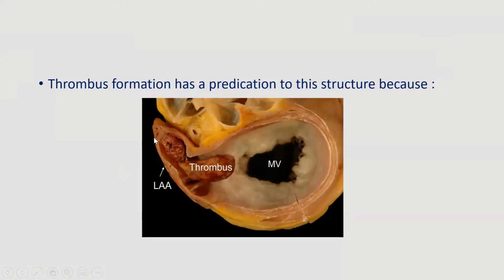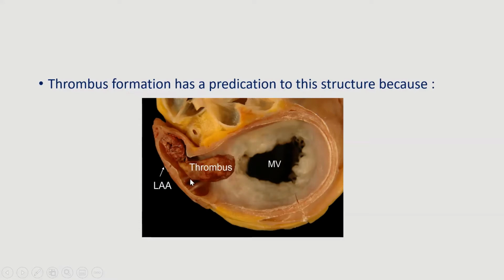Histologically, the LA appendage has more elasticity because of its tissue than the LA cavity. So it expands and dilates under pressure more than the left atrium does. And that means the LA appendage works as a venting mechanism. It vents the LA pressure by dilatation.